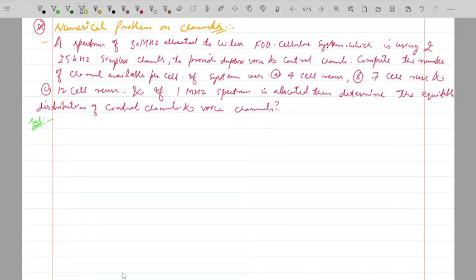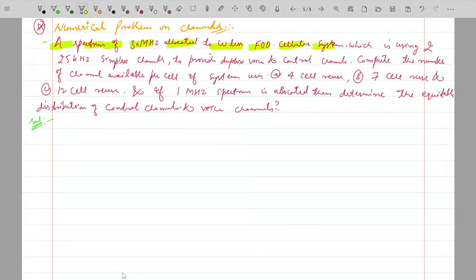So let's start this numerical problem on channels. A spectrum of 30 megahertz is allocated to a wireless frequency division duplexing cellular system.